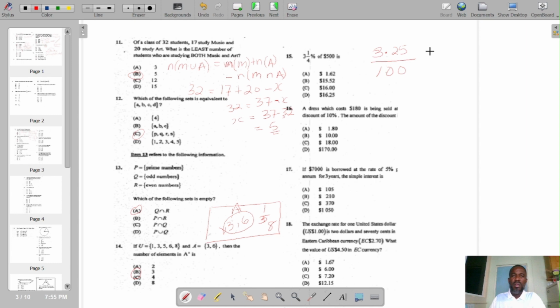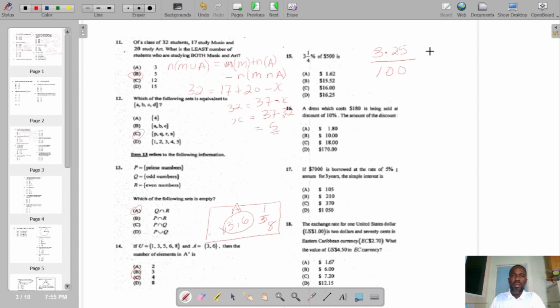Okay, so cancel zeros here. So 5 times 3 will give us 15, and 5 times 0.25 will give us 1.25. We add those two. When we add those two, we will get 16.25. So our answer here is D.